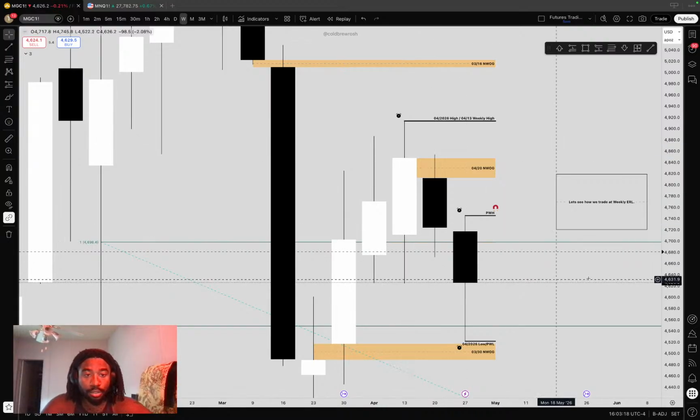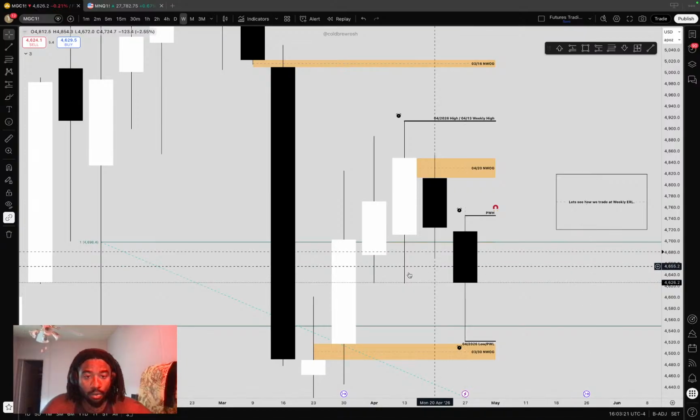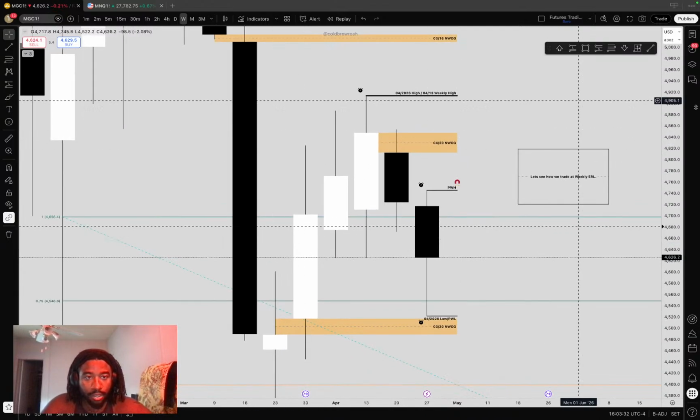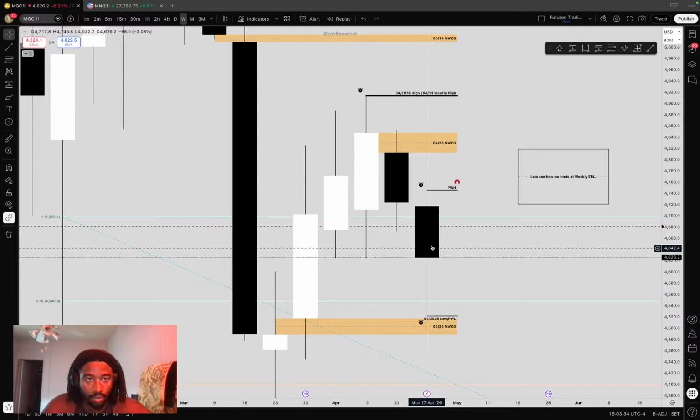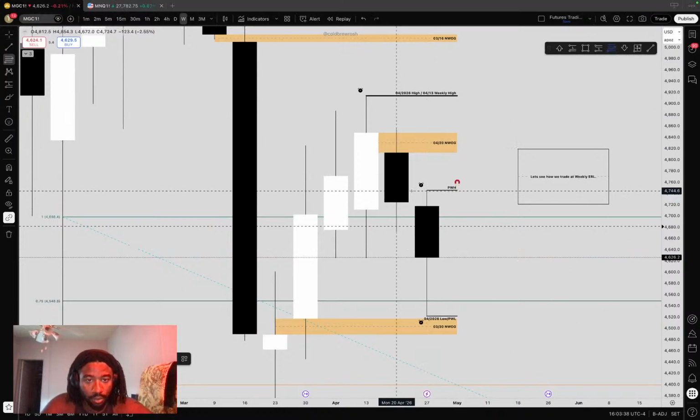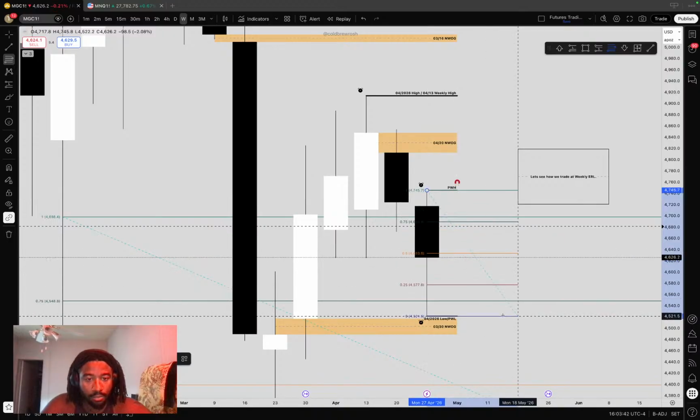So we're just purely looking at what happened. Because we got all the way down here this previous week, and we traded all the way back, I want to say that's above 50% of the entire range of that previous candle. So let me use the Fibonacci tool just to grade price.